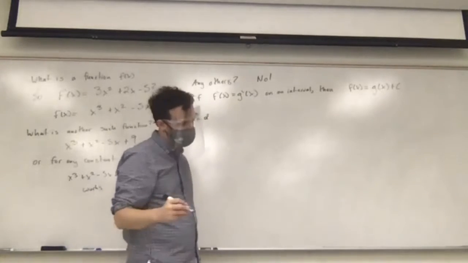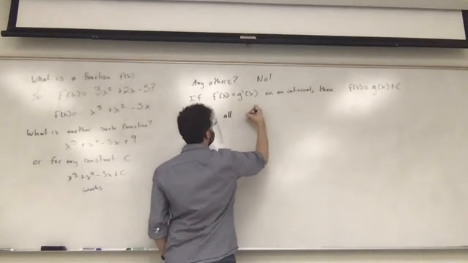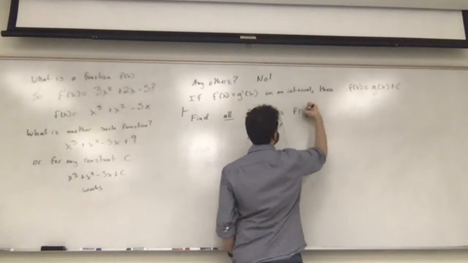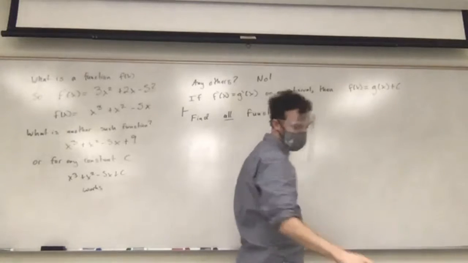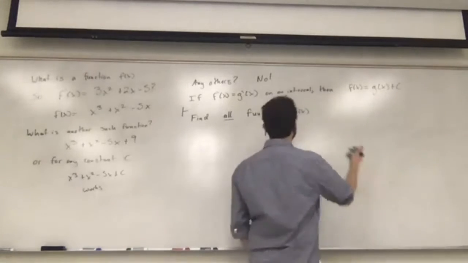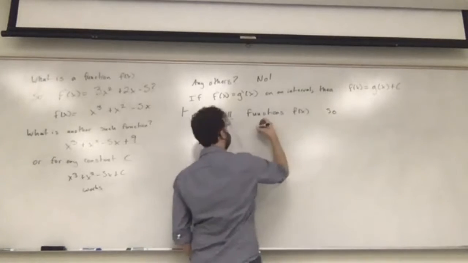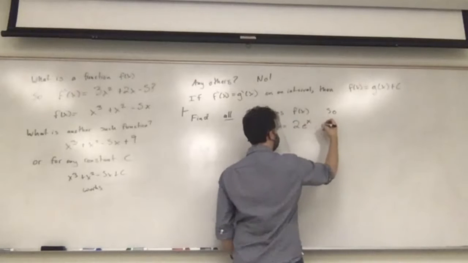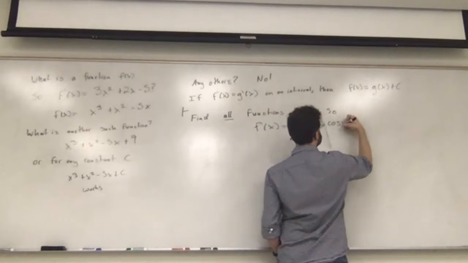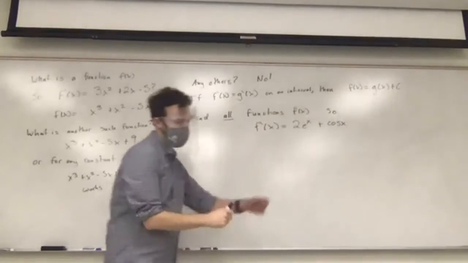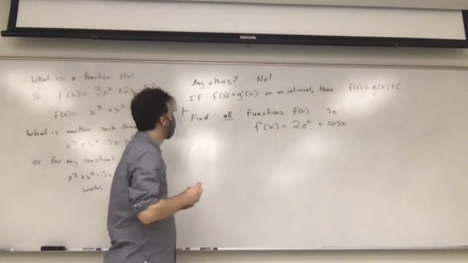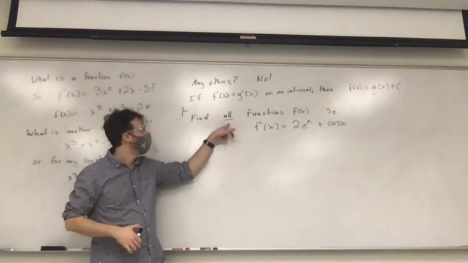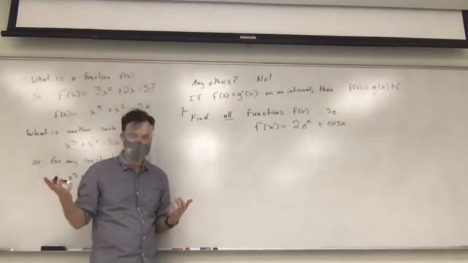So what if we said, let's try to find all functions f of x so that f prime of x equals 2e to the x plus cosine x. So this word "all" seems a little intimidating: find every single function that there can be.